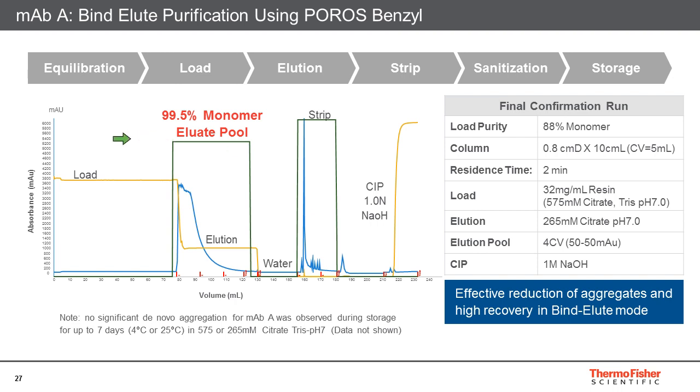As the optimized run on the slide depicts, we used a 0.8 by 10 centimeter pipette column format, and our final elution condition was set at 265 millimolar sodium citrate with a 4 CV collection criteria and a 2-minute residence time. Using this elution criteria combined with our loading strategy resulted in 99% monomer purity in the final product pool, compared to a starting monomer purity of 88%, so we removed about 12% aggregates, and the monomer recovery for this step was greater than 99%.